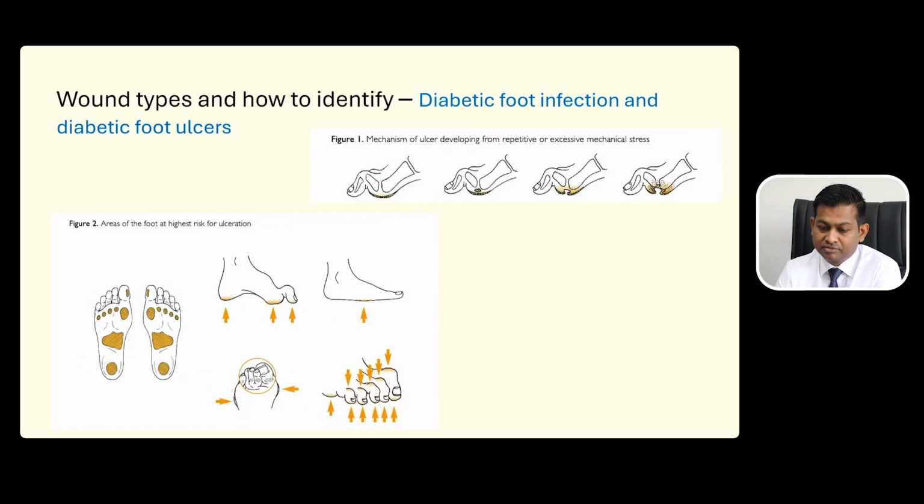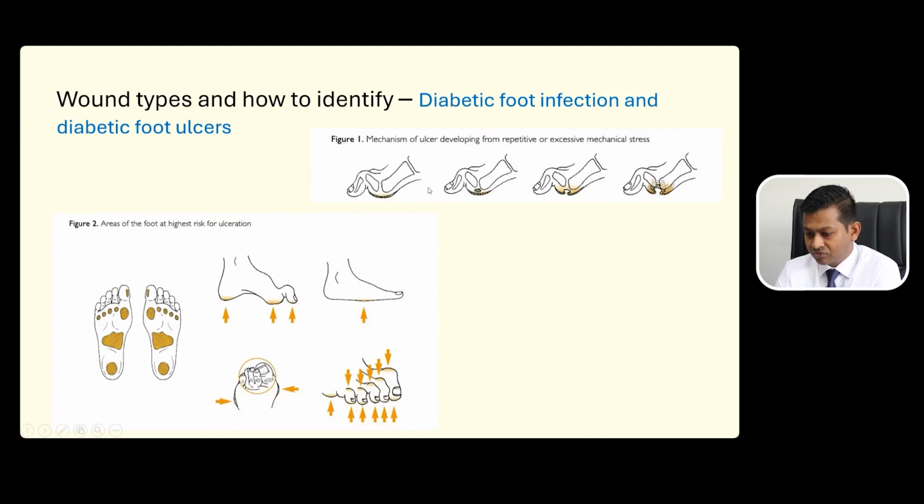So these are some pictures to show what is going on. Let's go with the first one. This is an ulcer developing from repetitive or excessive trauma. Their feet are deformed due to ongoing ischemia, neuropathy, impairment of the small muscle functions, and autonomic dysfunction.